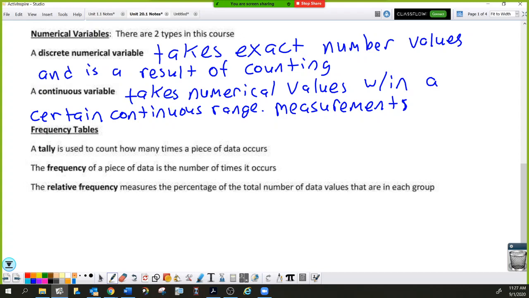So the frequency is the number of times. The relative frequency means relative to some other number. So if I was talking about the percentage of people in the room that have blonde hair, that is relative to the number of people in the room. So that would be a relative frequency. It measures the percentage of the total number of data values that are in each group.